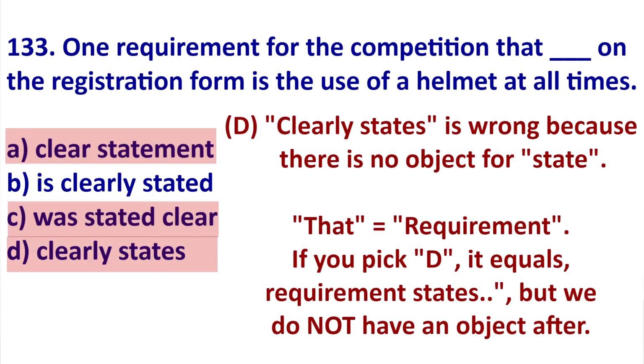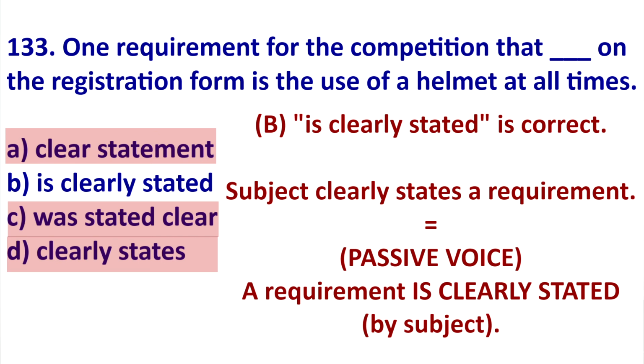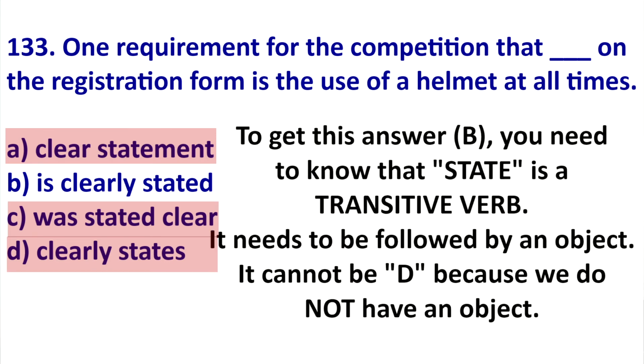Someone stated the requirement. So this is strange: the requirement clearly states. What does it state? Someone clearly states the requirement. That's correct, because you have an object. The requirement is clearly stated by someone. You still have an object, because this is passive voice. So here we can see that to get this answer, you need to know that state is a transitive verb.